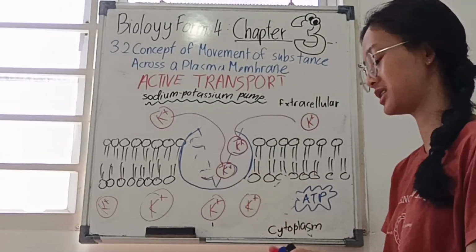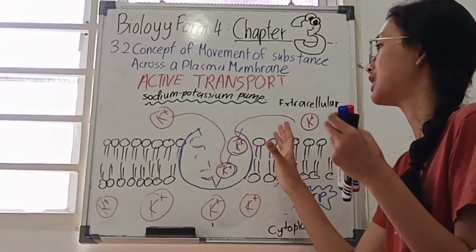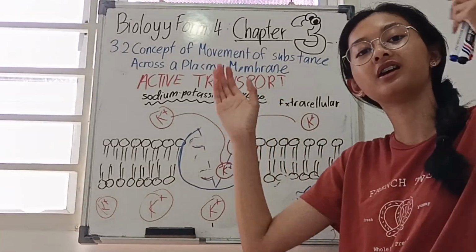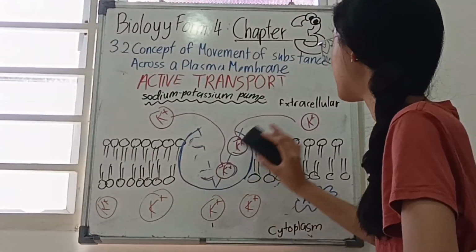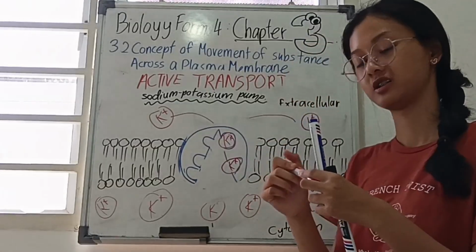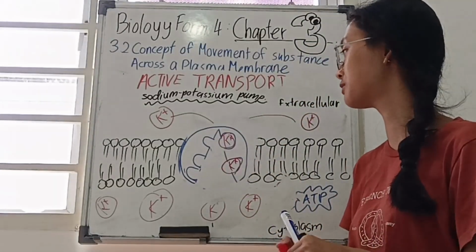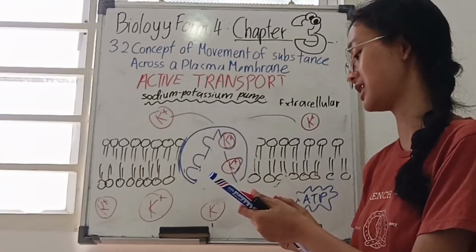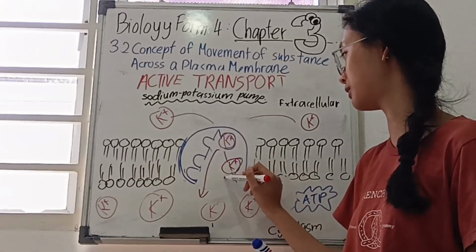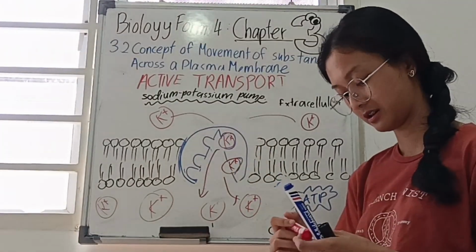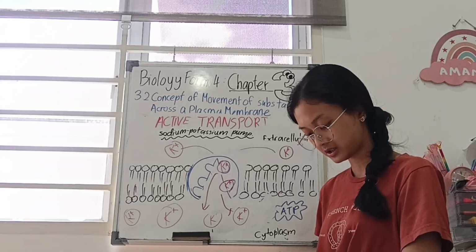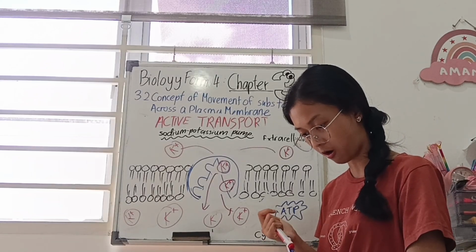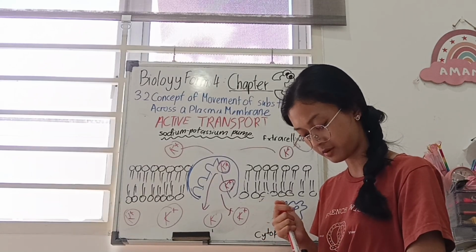This one has no more energy, so it will shake, move, and then close back to the inside of the cell. The carrier protein will open back, close outside and then open to the inside. And so this potassium can go into the cell. Seriously, that is all for the sodium potassium pump.